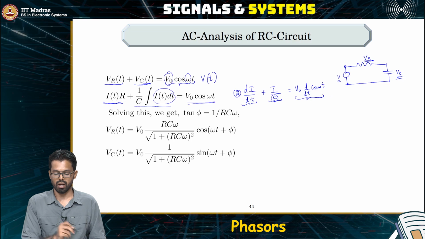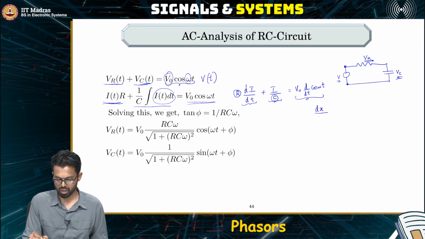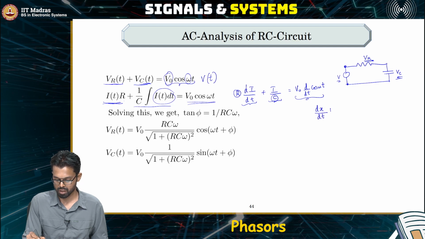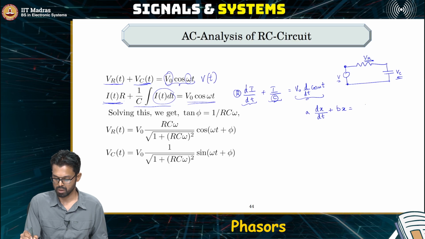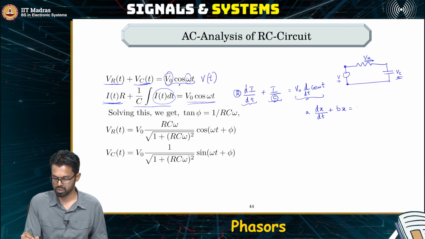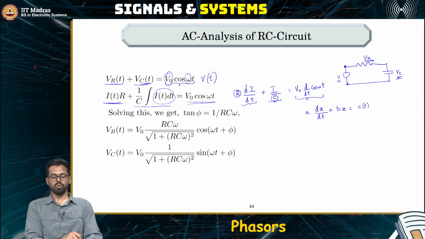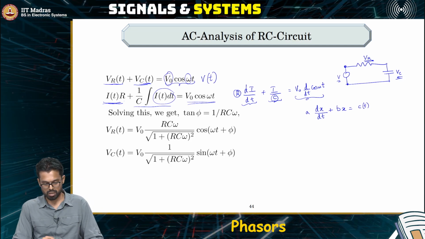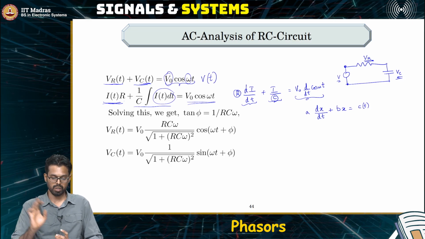So basically we have a differential equation of the form, let's say, dx by dt plus some constant times x is equal to some function of t. This is what we have. We have to solve for this differential equation. That will take quite some time, like 20-30 minutes.